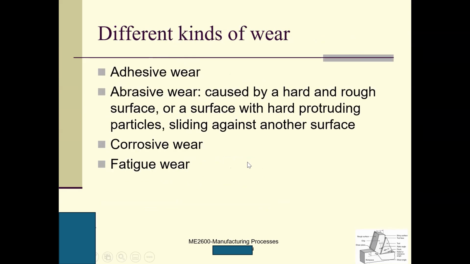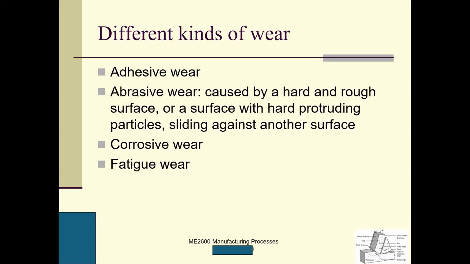And there are different kinds of wear. So I want you to pay attention to this slide. I'm very interested in testing your understanding of how many kinds of wear mechanisms we have in machining. So adhesive wear, abrasive wear, right? Adhesive wear, as the name suggests, is adhesion together, but if you pull one of them, it will wear.